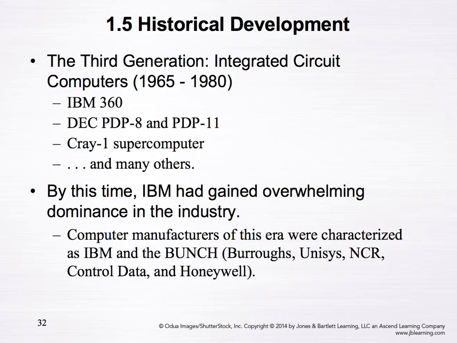By this time, IBM had gained overwhelming dominance in the industry, and the computer manufacturers of this era were characterized as IBM and the bunch: Burroughs, Unisys, NCR, Control Data, and Honeywell. Those are a few of the dominant computer producers of that era.